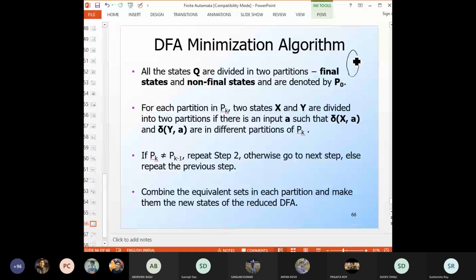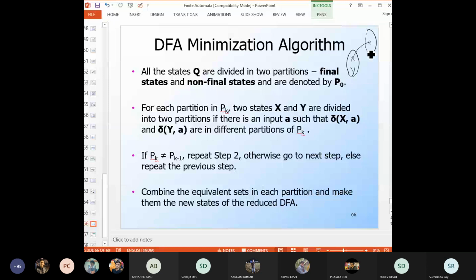And you find there is some input character for which from X you go to a state which is in one partition. Which state is not important as long as we know which partition. And for Y, if it goes to the same partition, that is fine. That means basically these partitions represent a single state. And if it goes to the same partition, then we still know that X and Y could be the same state, non-distinct.